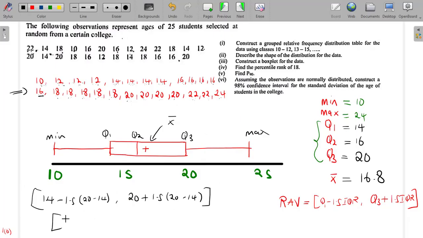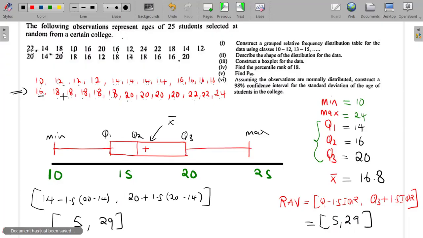For the first part, I have 14 minus 1.5 times, in the brackets, 20 minus 14. That gives me 5, comma. The other side, I have 20 plus 1.5 times, in brackets, 20 minus 14. That will be 29. So this range of accepted values is from 5 to 29.